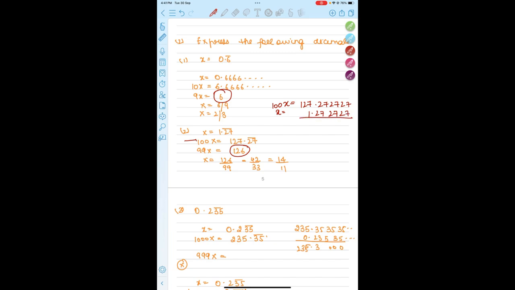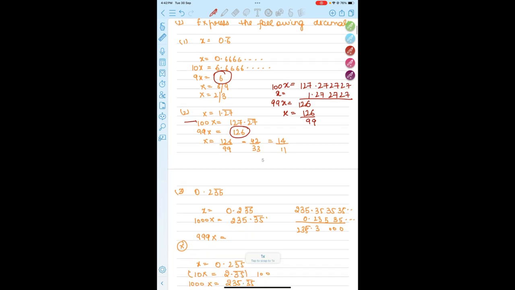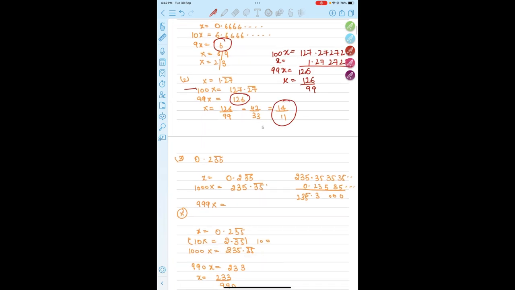Now if we subtract it, it will be 99x is equal to 126, and x will be written as 126 by 99, and so we will get 14 by 11, which is a rational form since q is not equal to 0.